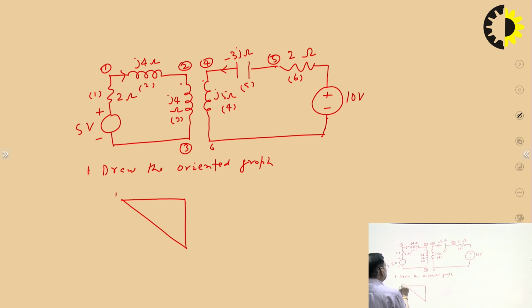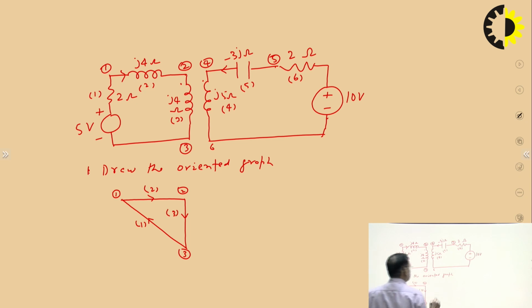This is node 1, this is node 2, and this is node 3. So direction in this branch will be like this. This is your branch 1, and this is your branch 2, and this is branch 3.